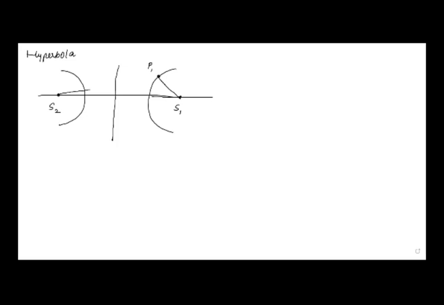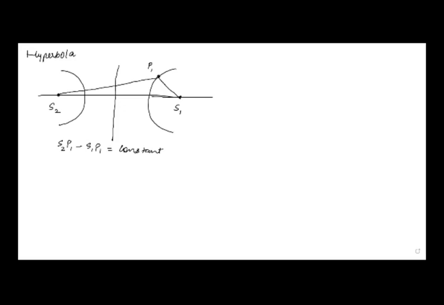So, see, if I draw one figure and take two fixed points as my foci of the hyperbola, then if I take any point on this curve, say P1, and these are our two fixed points S1 and S2, then the positive difference, that is here S2P1 minus S1P1, will be a constant.